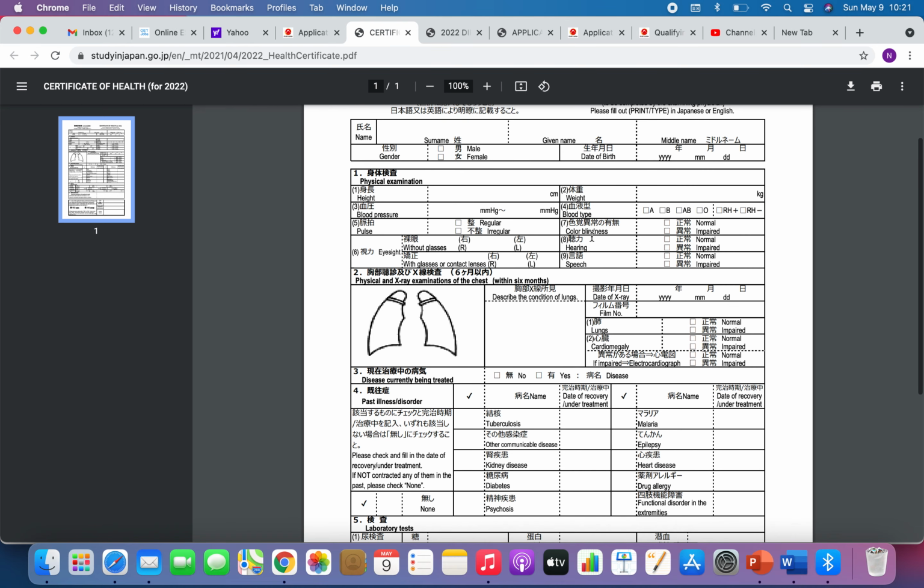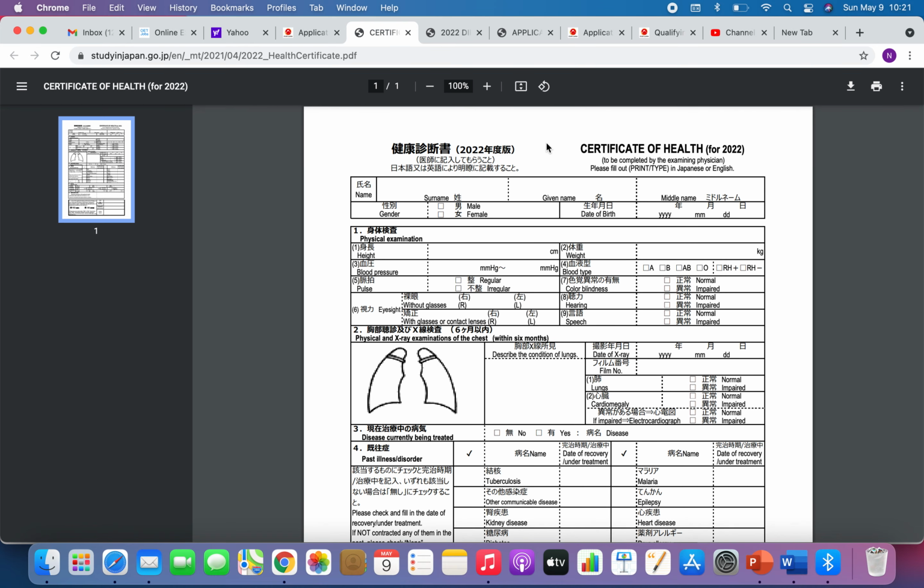Yes, okay. So you have to do all of this. So this is what the certificate of health looks like. That's what you have to present to the hospital or to the doctor who will be examining you. So this is to be completed by the examining physician. Please fill it out in Japanese or English. So it must be filled in either Japanese or English, not any other language.